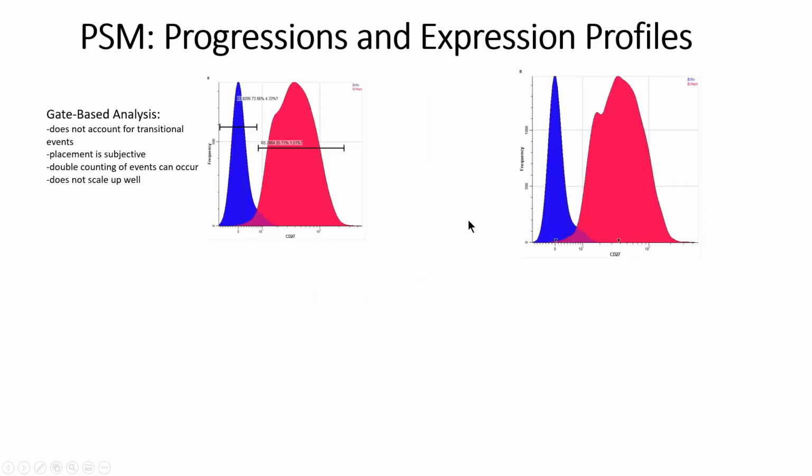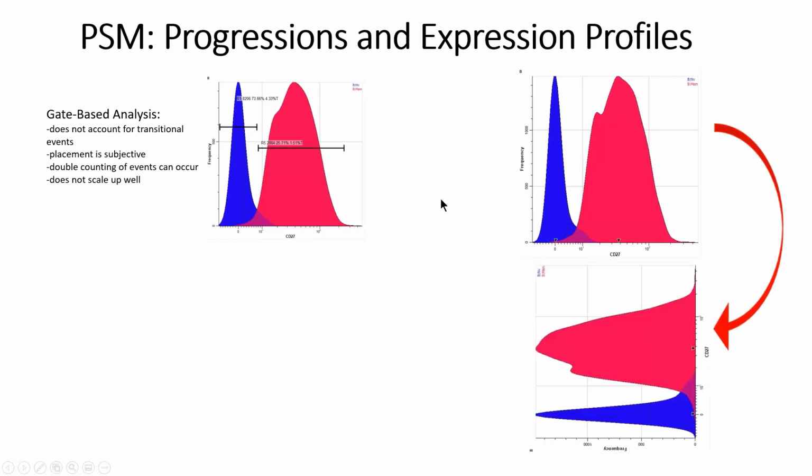To demonstrate modeling of a progression, we'll start again with that same CD27 histogram. If we turn that on its side, again, we have a negative population here in blue, the positive population in red. The x-axis is frequency and the y-axis is intensity.